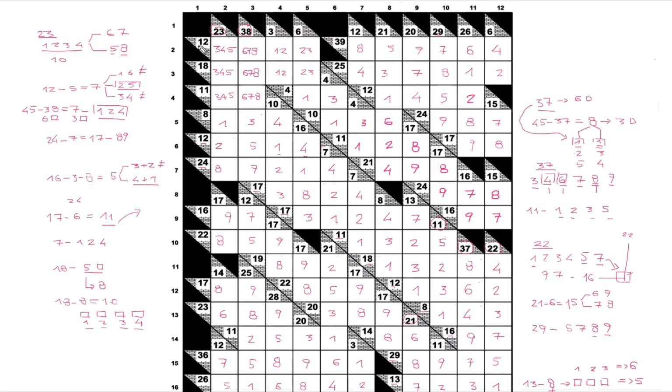Okay, let's see. Number 12 cannot be number 8 and it cannot be number 7 because we need 3 numbers to make the minimum number, and this minimum number is number 6, and here has to be number 6.